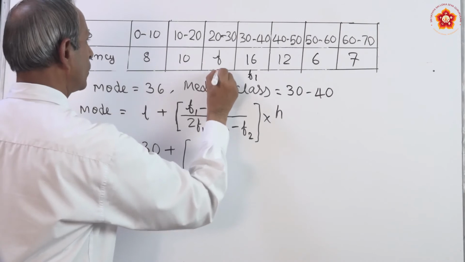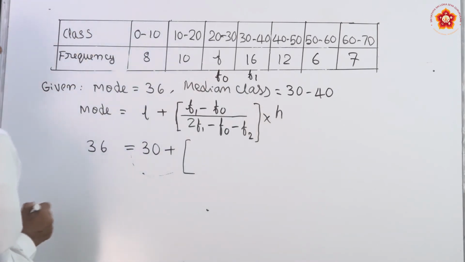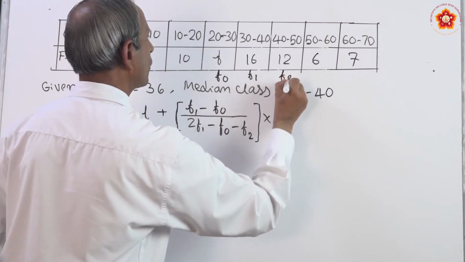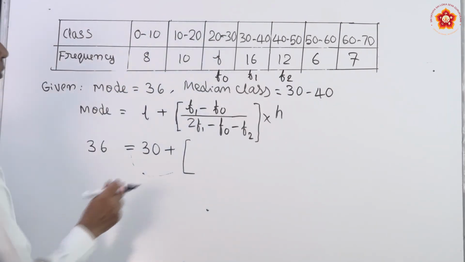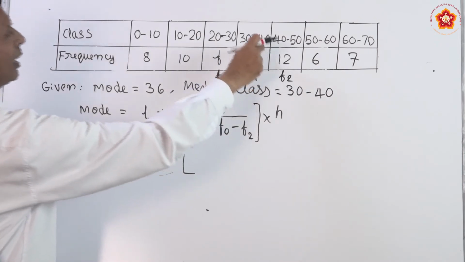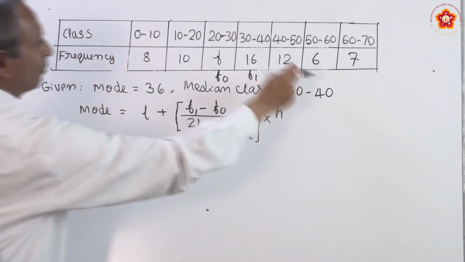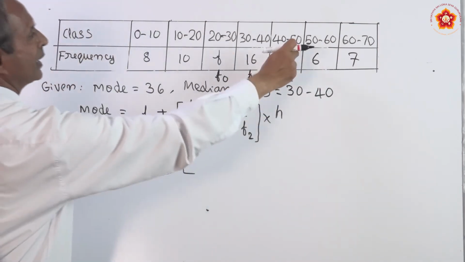F0 is F only, and F2 is 12. In this table I have noted that F1 is 16, F0 is the preceding one, that is F, and F2 is the one succeeding the modal class, that is 12.